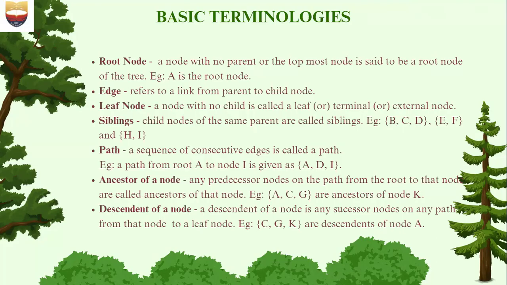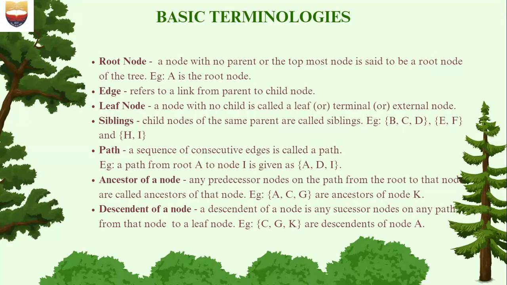In the previous definition, ancestor of a node, we took a path from the root node to that particular node for which we determine ancestor nodes, right?